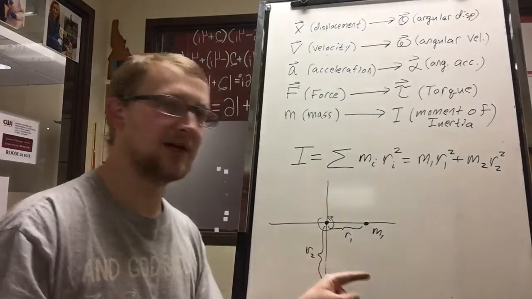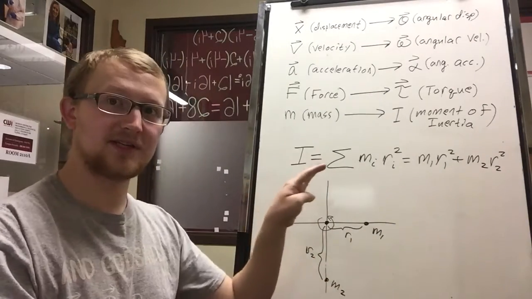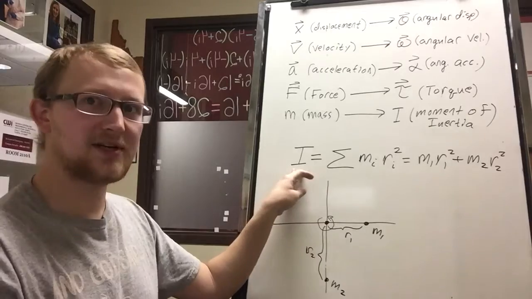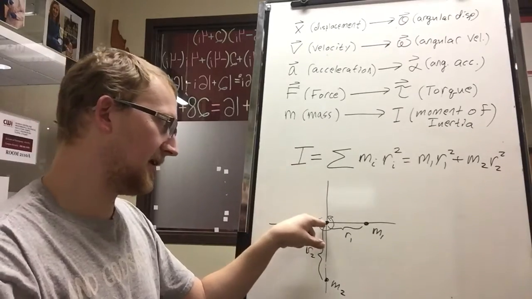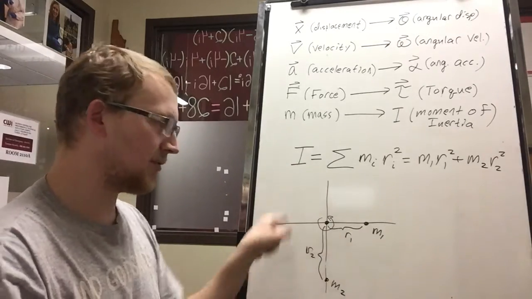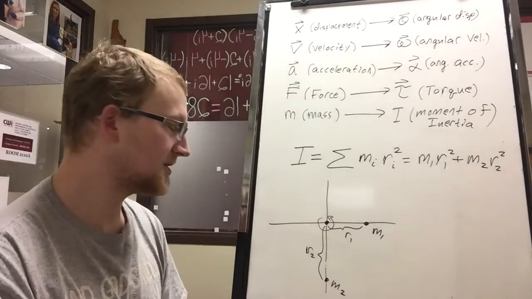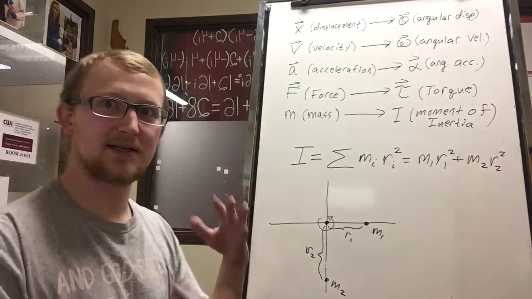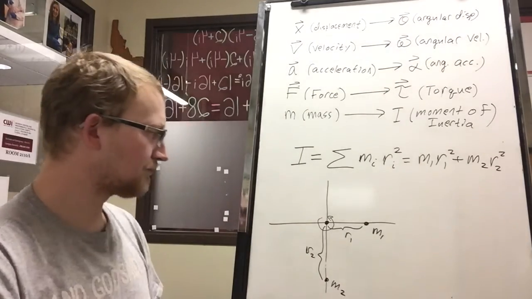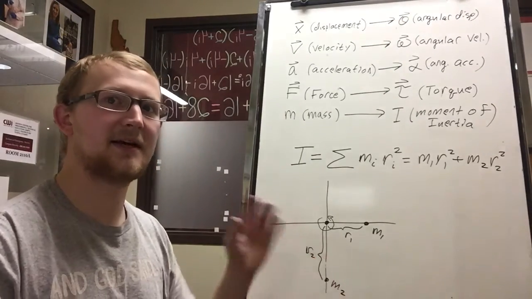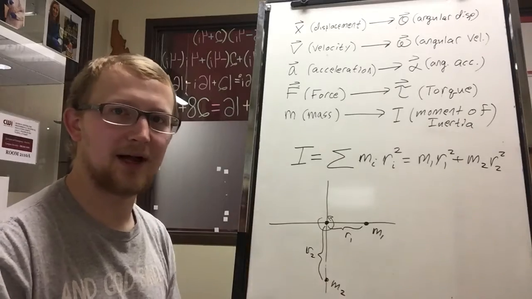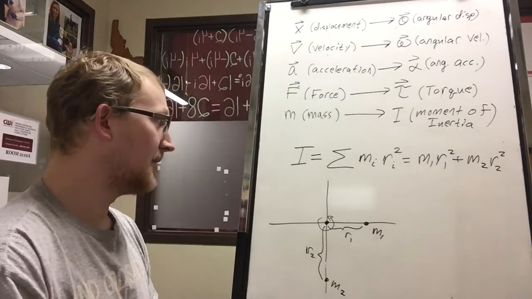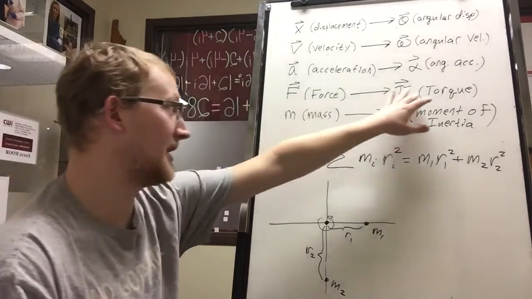And this would give me the inertial resistance. In other words, this will give me the moment of inertia that if I want to come and spin this system of particles, it will resist me to a certain extent based on its rotational inertia. It wants to stay still. It doesn't want to rotate. You have to apply a force to cause it to rotate, which is actually a torque in rotational motion.